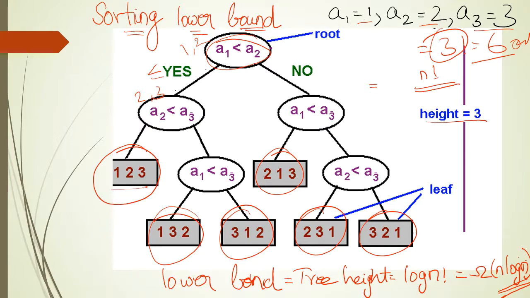We take this as a reference for proving the lower bound for element distinctness. Based on the previous algorithm, sorting has n factorial outcomes.